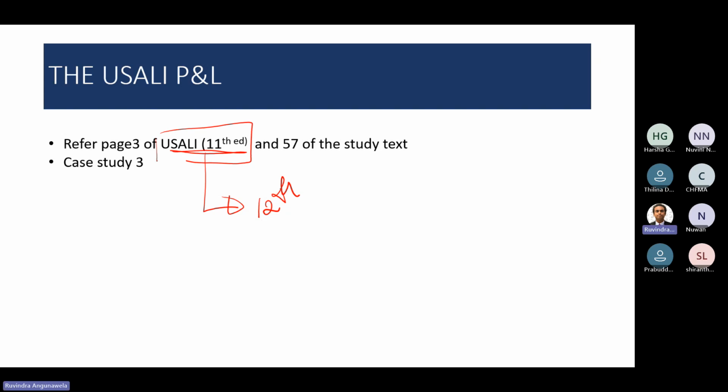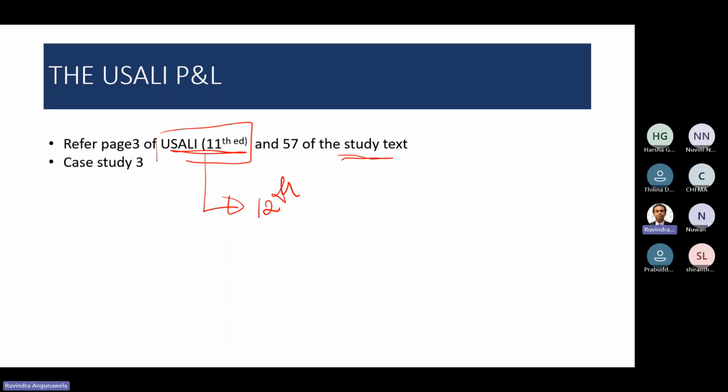And another thing to note is that the profit or loss statement under Usali 11th edition is a bit different to what is appearing in your study text. We'll look at that difference as well, okay? You would have got the study text from CHFM, am I correct? For certificate level?